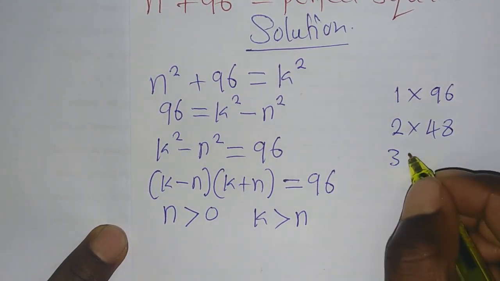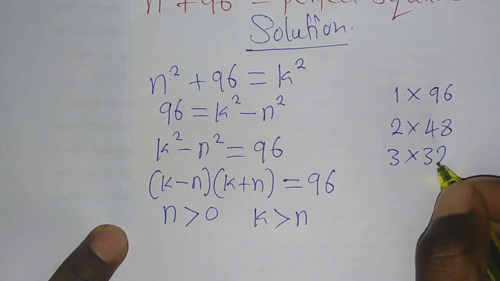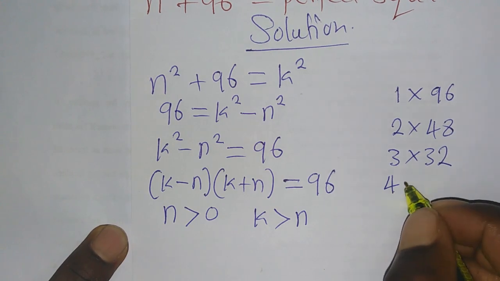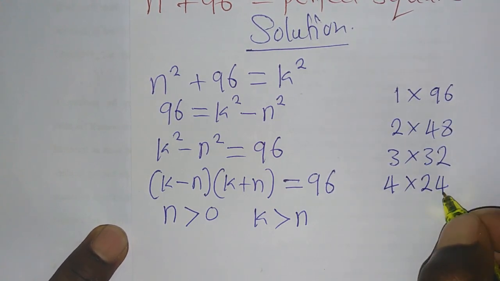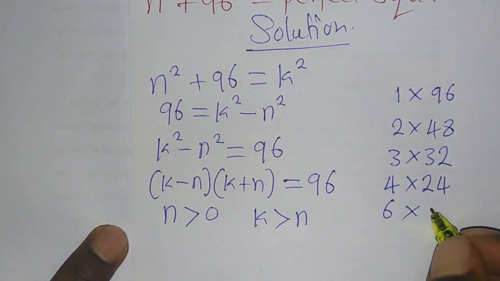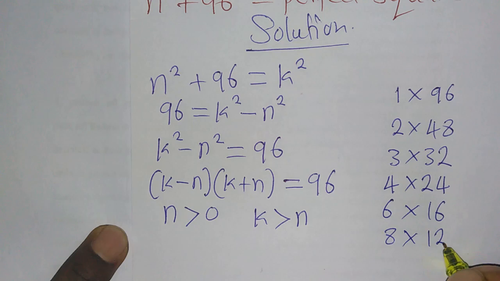We have 3 multiplied by 32. We have 4 multiplied by 24. We have 6 multiplied by 16. And we have 8 multiplied by 12.